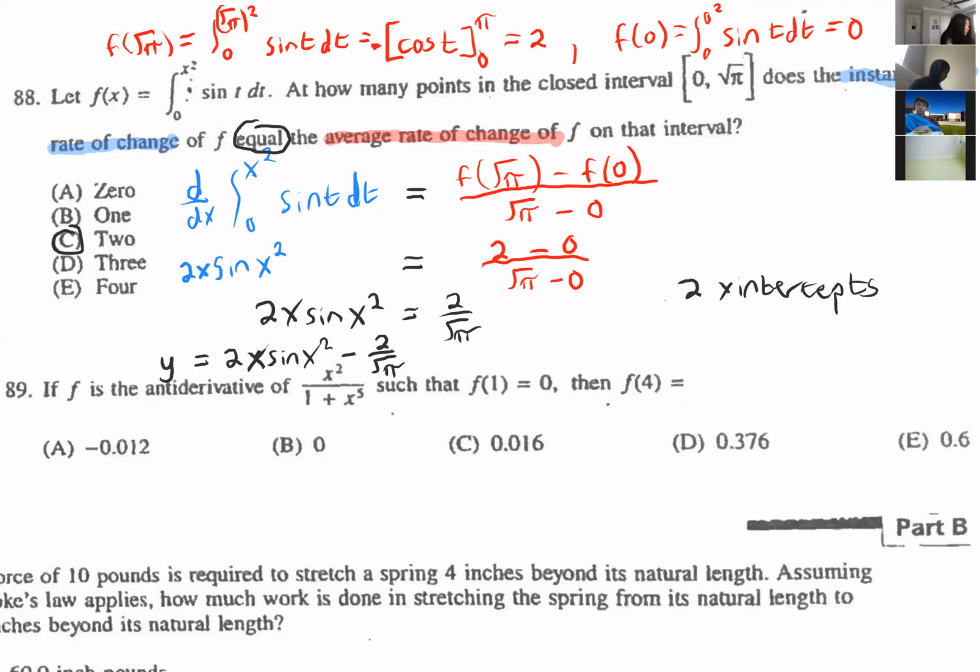So 89 says if f is the antiderivative, so we're going to take the integral of this, such that f of 1 equals 0. We want to figure out what f of 4 equals. So right here, I'm going to take the integral of this from 1 to 4.